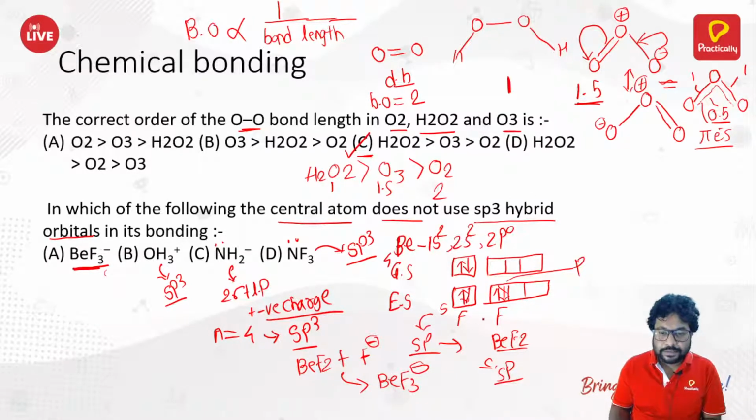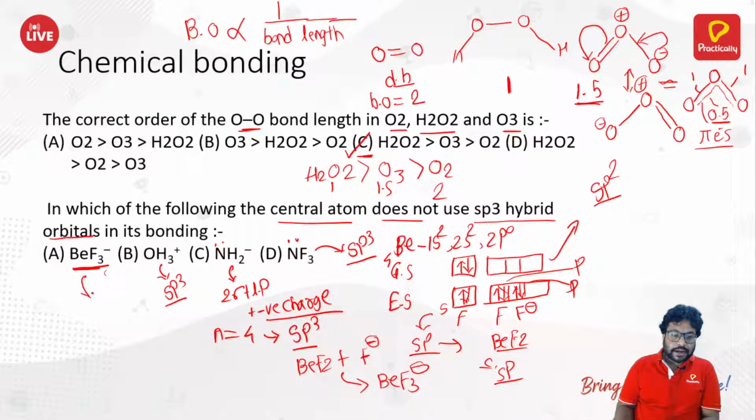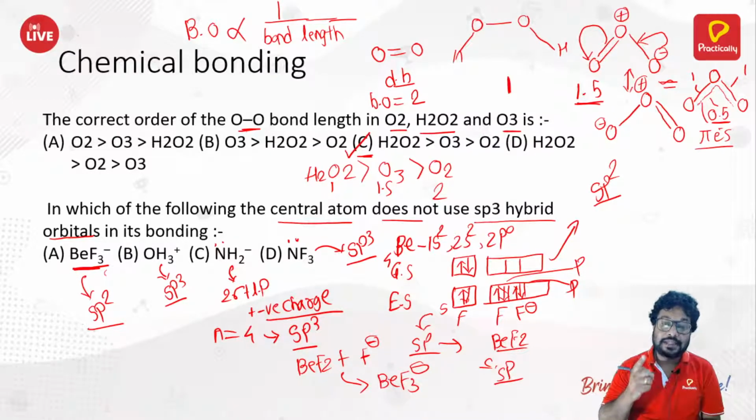So fluorine comes and deposits its 2 electrons here, both the electrons from F minus. Now you have 1 s and 2 p, and both of them overlap to give you sp2 hybrid orbitals. That is why BeF3 1 minus has sp2 hybridization. BeF2 has sp, but BeF3 1 minus has sp2. So that is your answer.